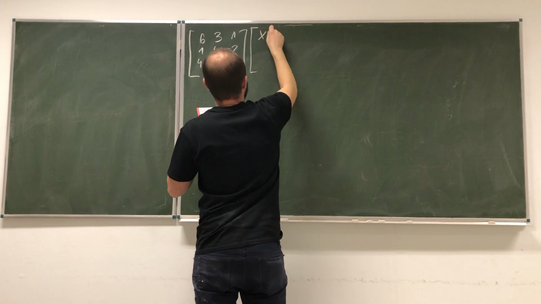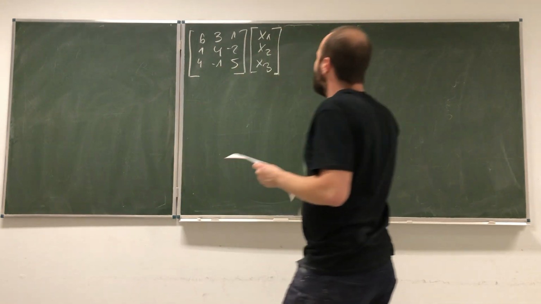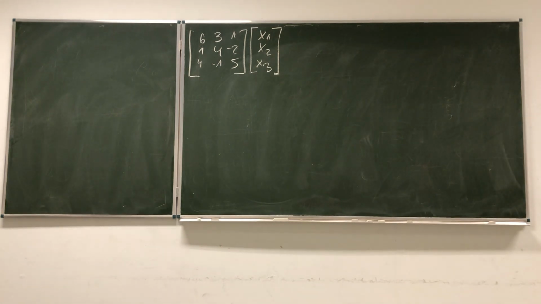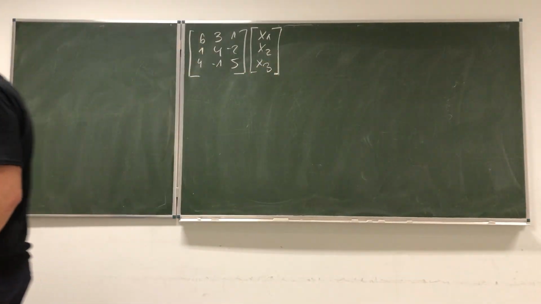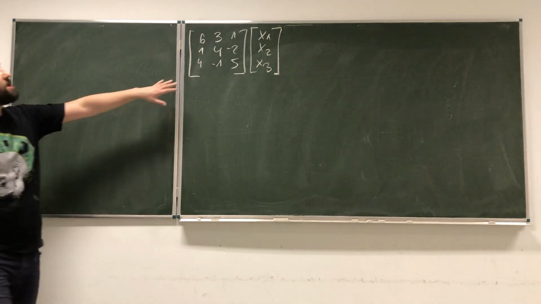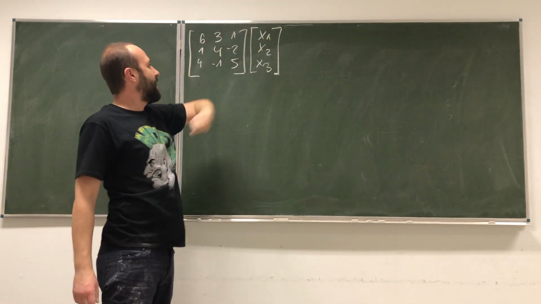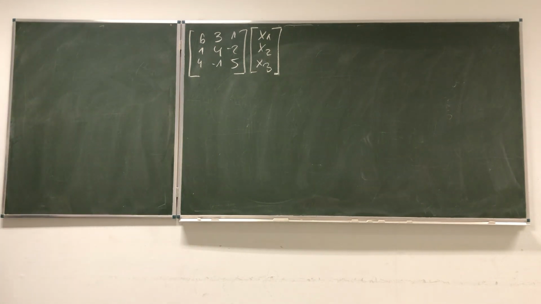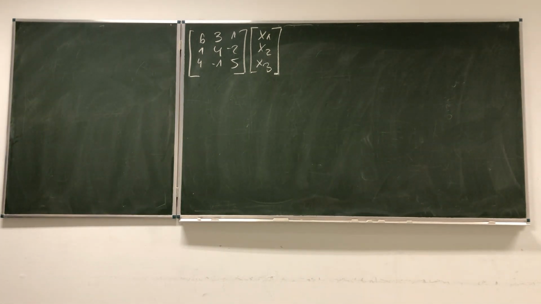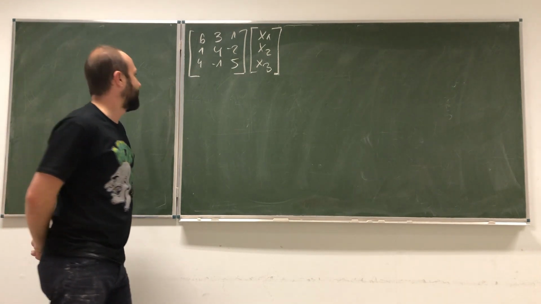And we need to multiply it by x1, x2, and x3. Look, this looks familiar, right? When we took the system of simultaneous equations into matrix notation, this is what we had, right? Matrix of coefficients and vector of endogenous variables. What happens if I'm going to multiply them?